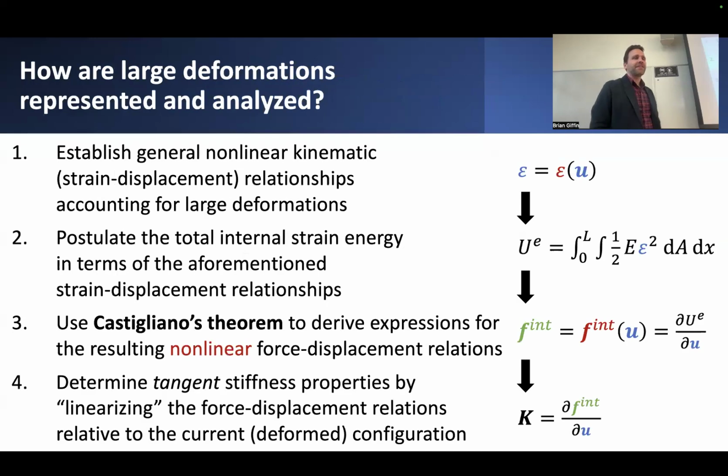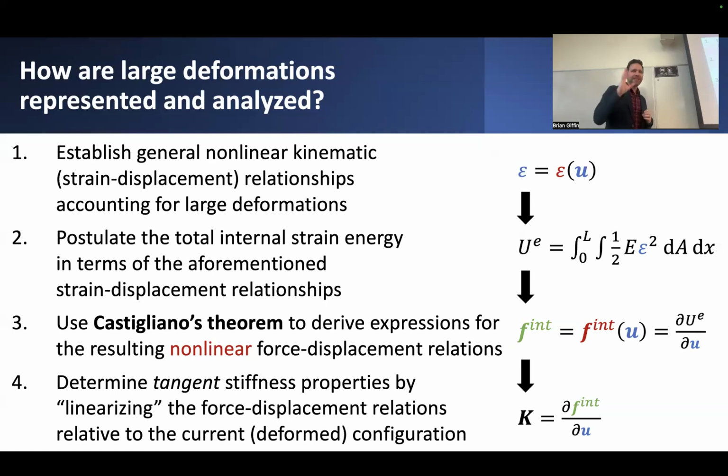So we discussed last time how we go about deriving equations governing relationships between displacements of the nodes of some member, let's say, and the resulting nonlinear forces that arise due to those displacements. That nonlinearity, in the case of geometric nonlinearity, can be represented through a nonlinear relationship between strain and displacement.